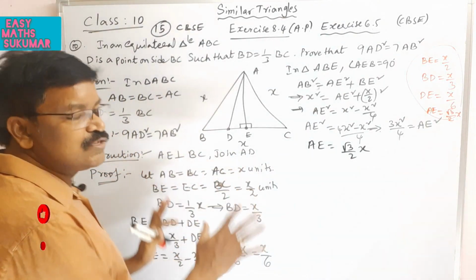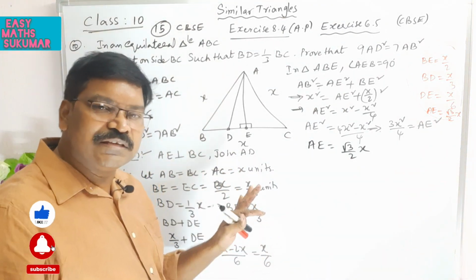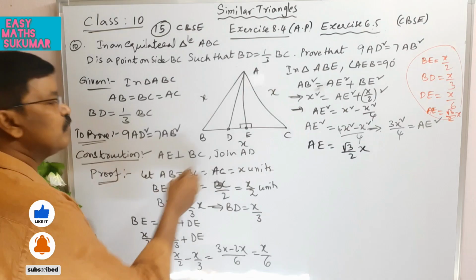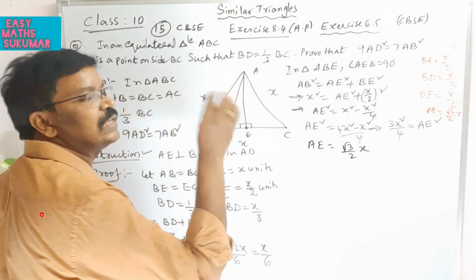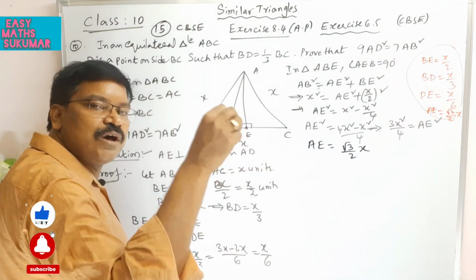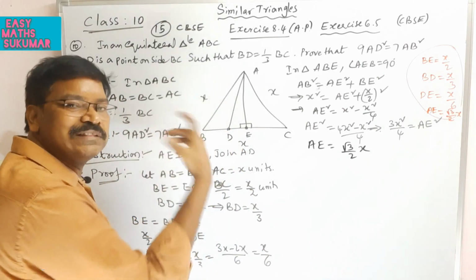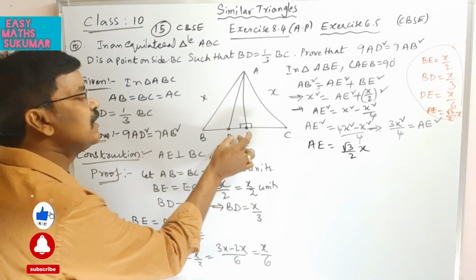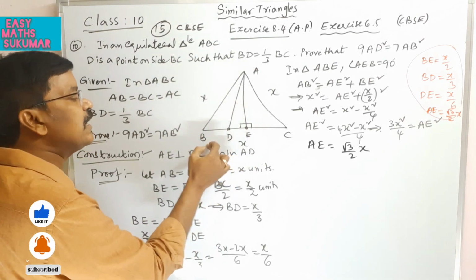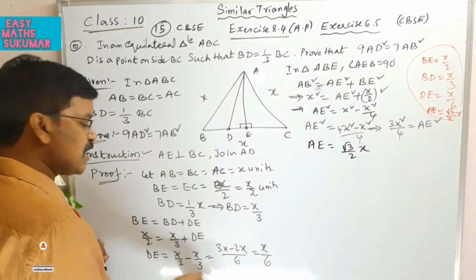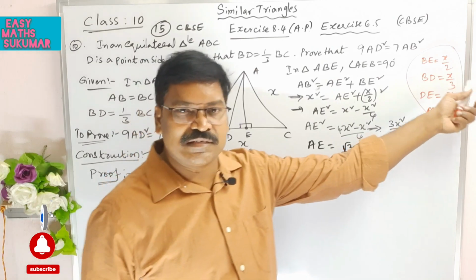See my dear students, up to here we did nothing new. Simply we write BC is x. BE is half of BC, that is x by 2. Next BD is 1/3 of BC, that is x by 3. And DE is BE minus BD, that is x by 2 minus x by 3, that is x by 6.